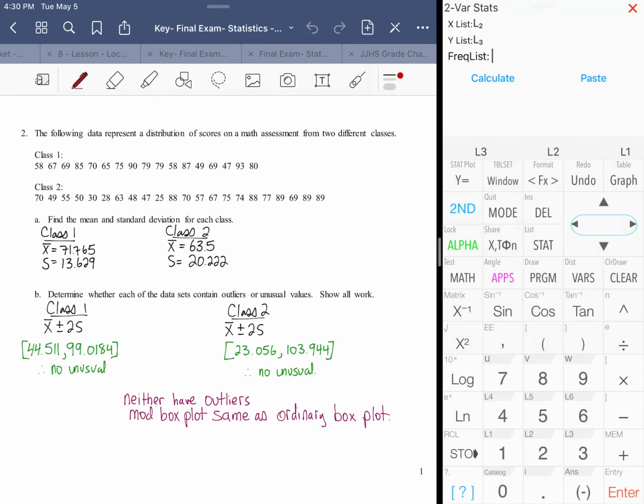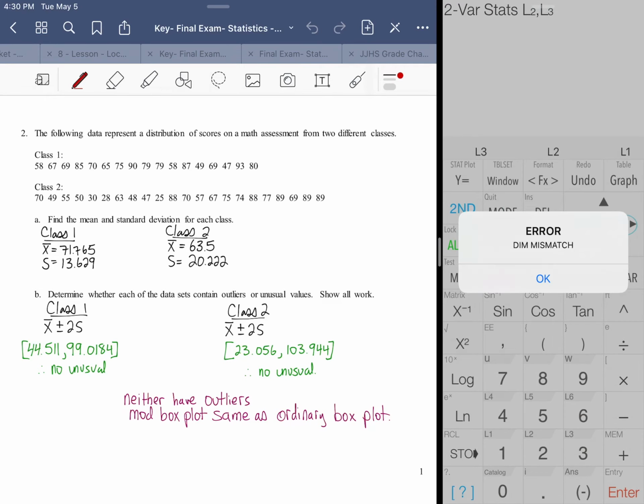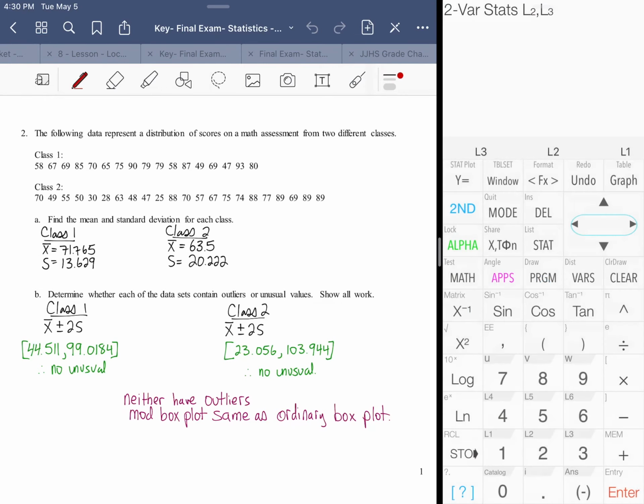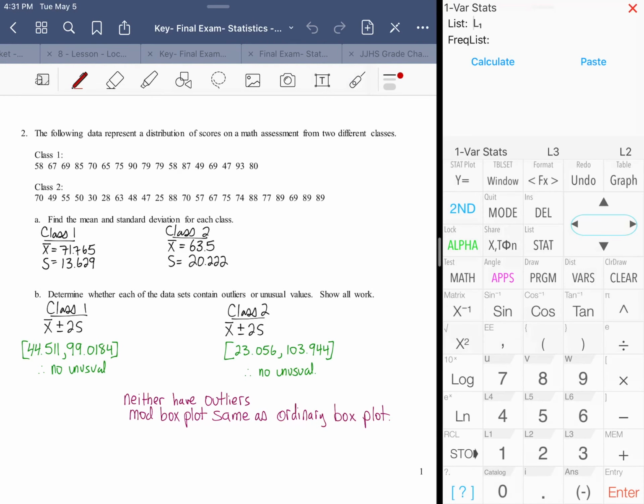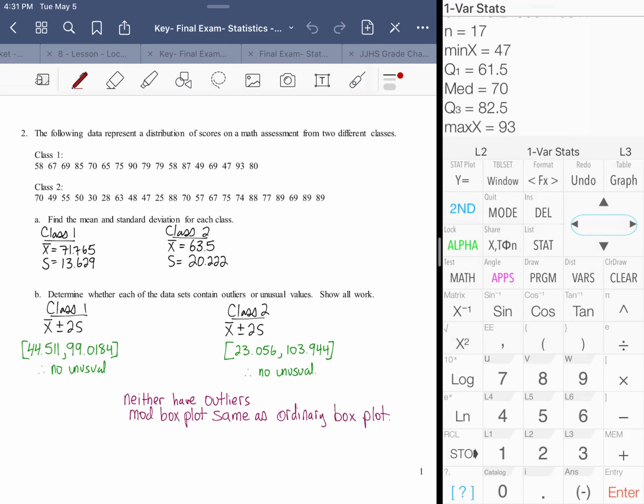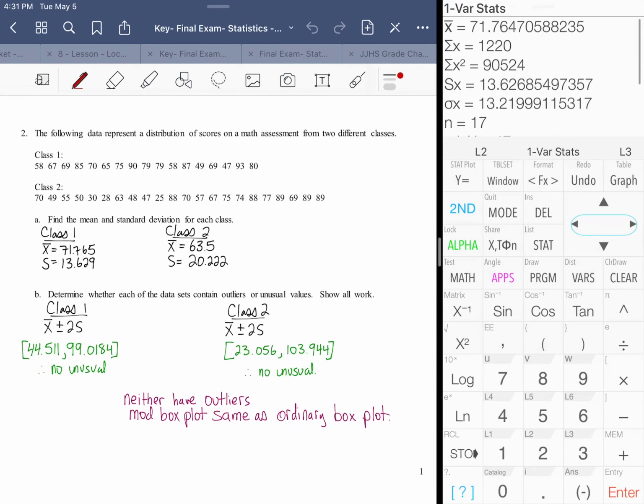The X list, L1, I tricked myself. L2, my Y list, L3. And then I go to calculate. We could leave the frequency list blank, or you could just put the number 1 in there. It may or may not work on your calculators. On these calculators, you have to do it separately. So, best laid plans of mice and men.